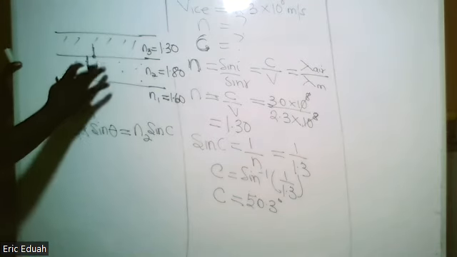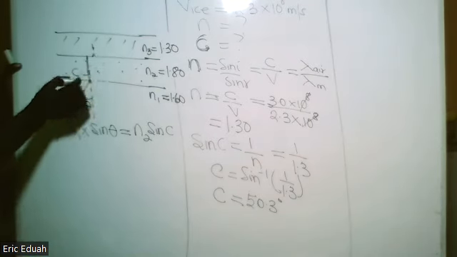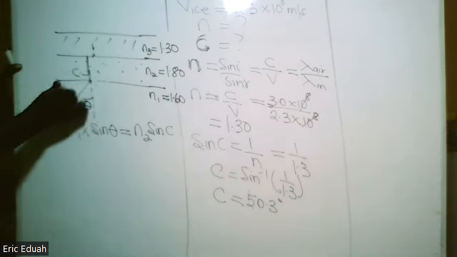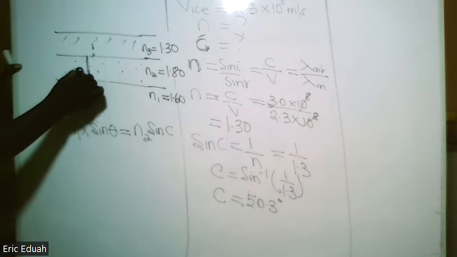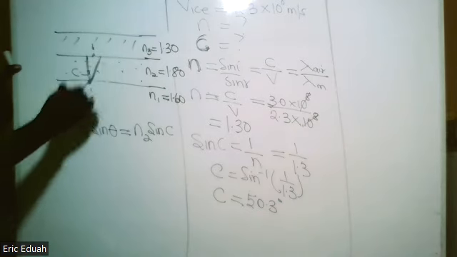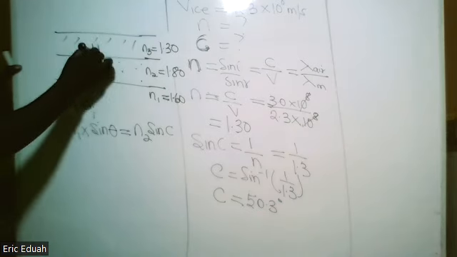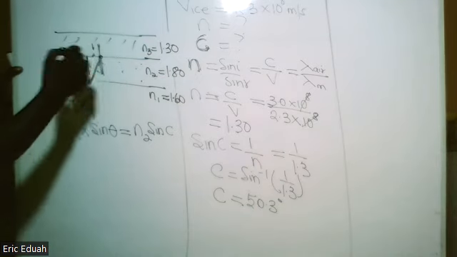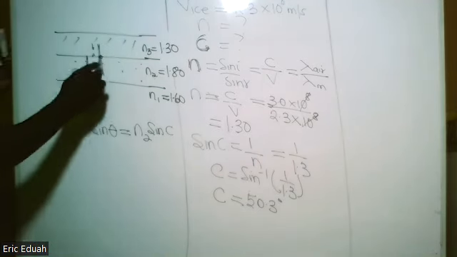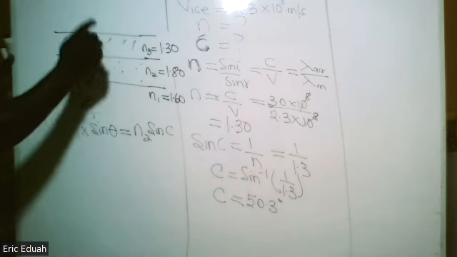Okay, let me draw it again. So light over here, let me increase the angle of incidence here. Yes, it will bend towards the normal. So if I draw another normal over here, we are told the light is incident at the critical angle of the interface between material 2 and 3.